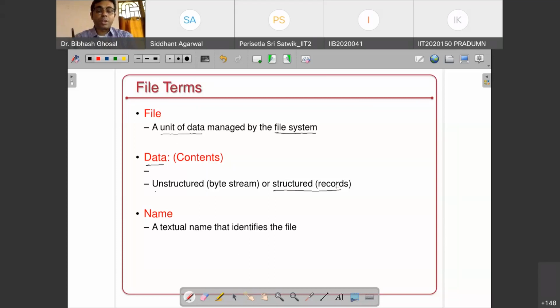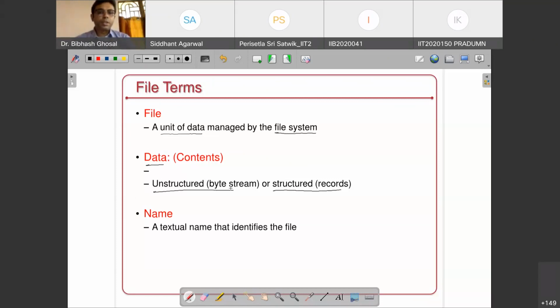That's called structured. Records, database, tables, all these are structured data. Unstructured is the normal files that you have. You keep on writing any multimedia file or whatever. They are just byte streams, just arrays of bytes that are coming. They are unstructured. So there can be different categories of files.